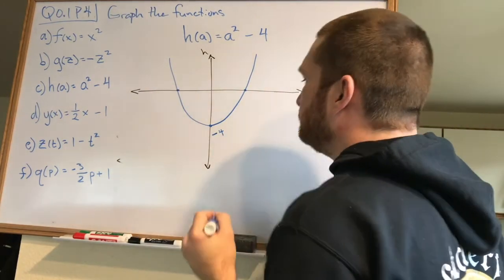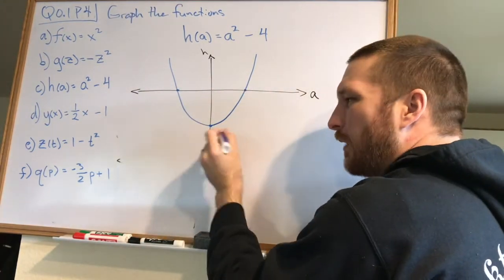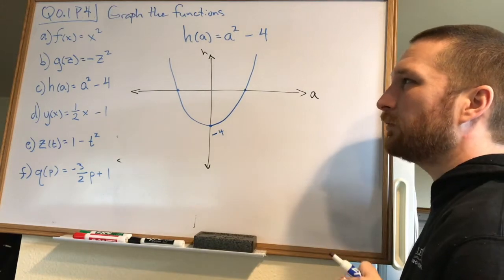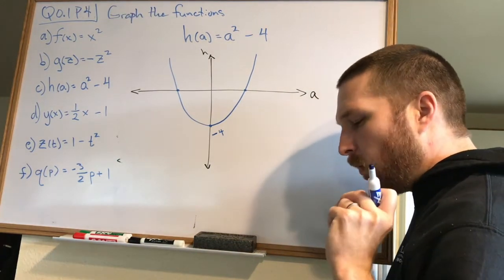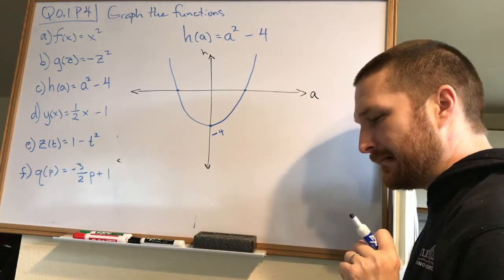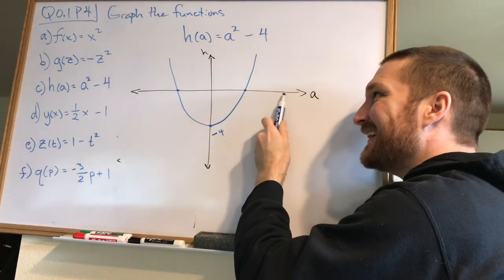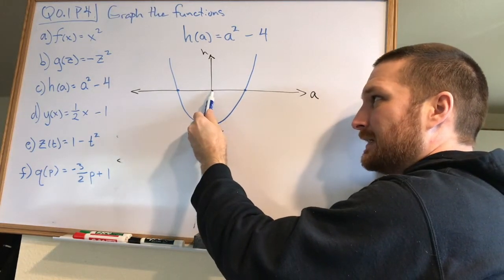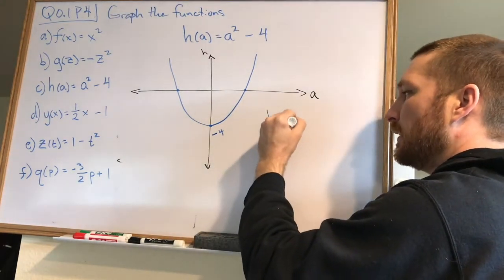Now, what we need to do is find these 2 points. We know that one's -4. And if we're not certain about that, how could we find the y-intercept? Well, the y-intercept happens when the horizontal axis equals 0. So in this case, we're going to say h of 0.